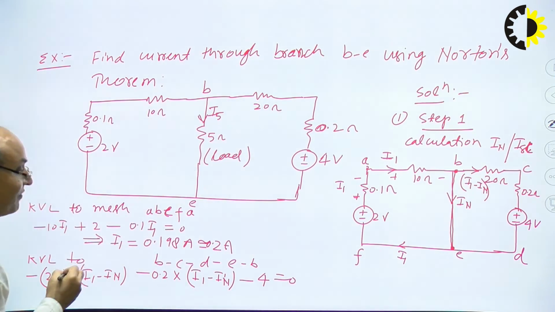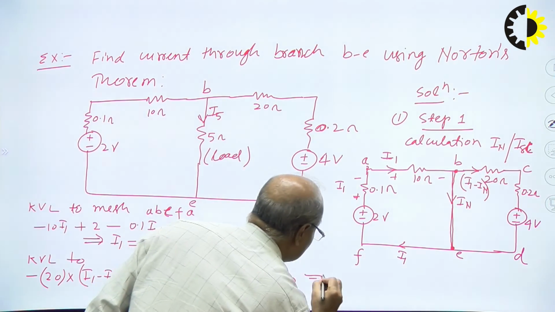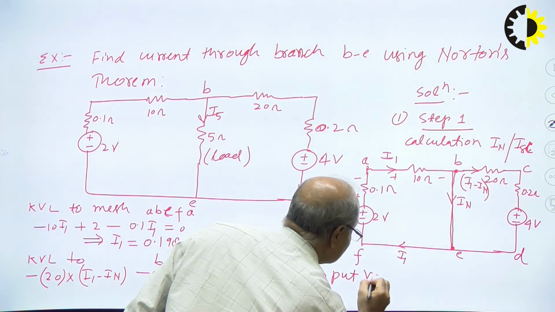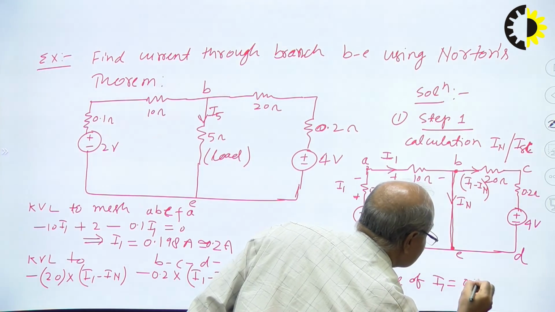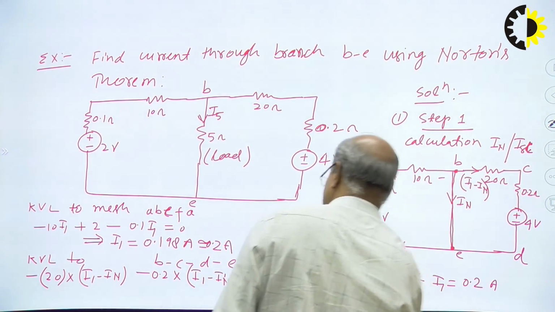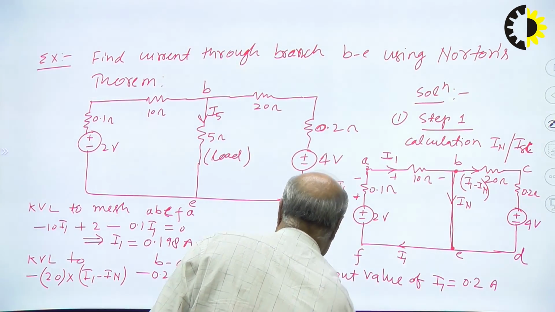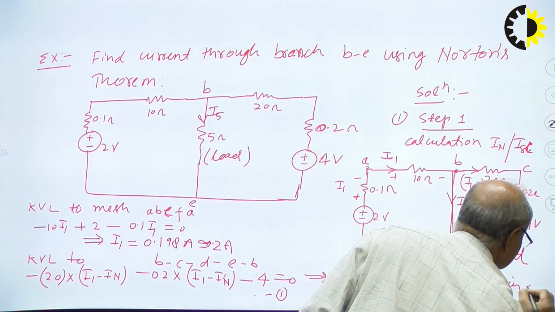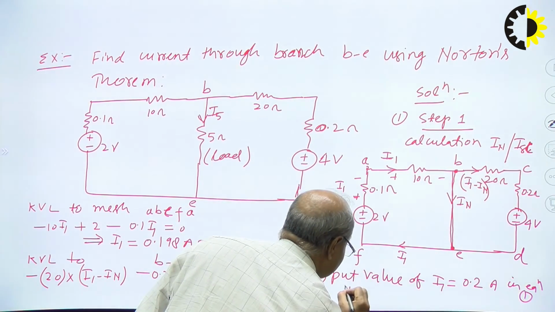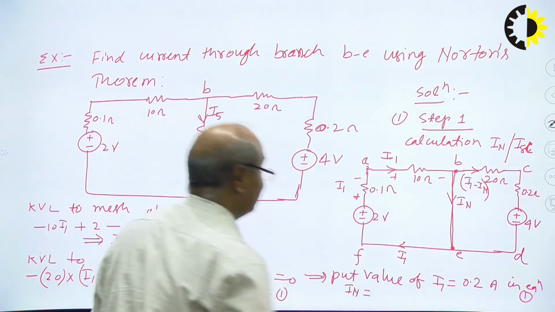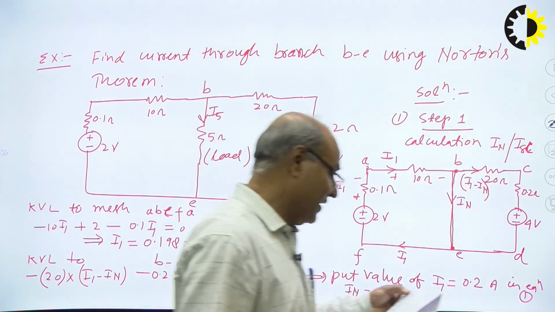Now put the value of I1, 0.2 ampere, in this equation, suppose this is equation 1. So we will get the value of IN.